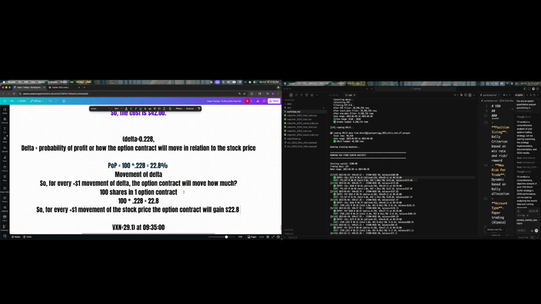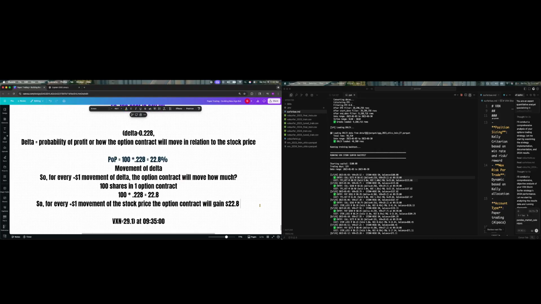But we also have the inverse: for every negative $1 movement, the option contract will lose $22.80.